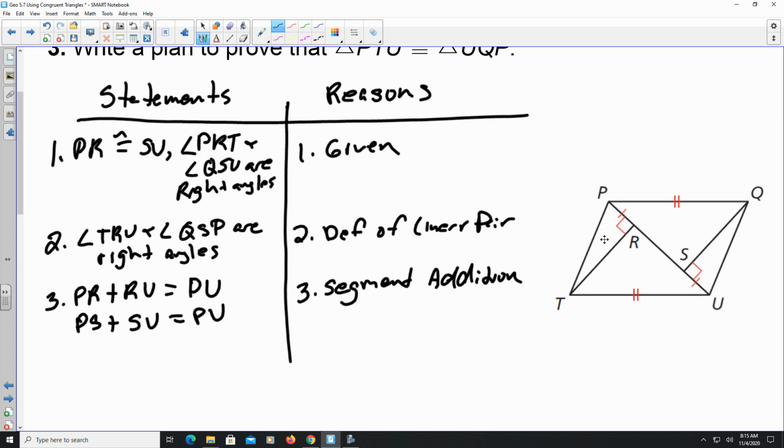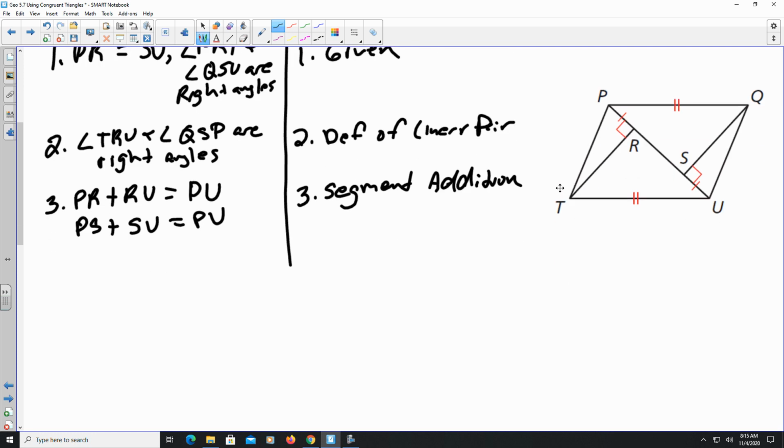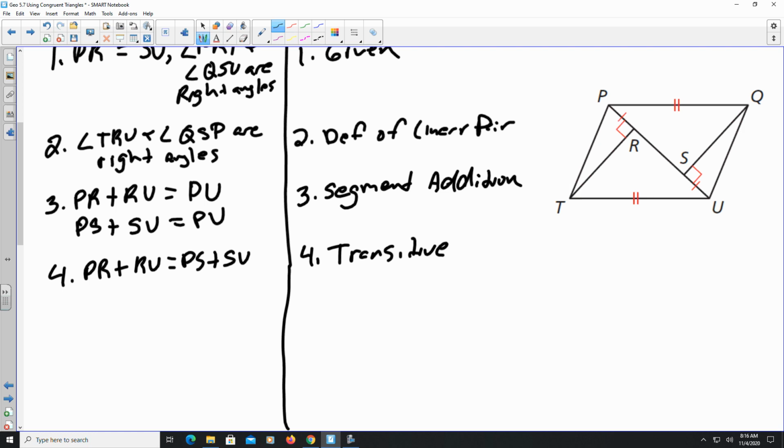Now, since they're both equal to the line segment PU, in this fourth statement I can say that PR plus RU is equal to PS plus SU, and that comes from the transitive property. Why is that important?